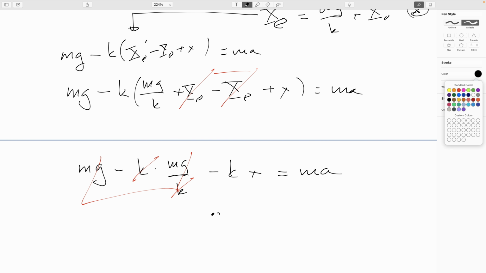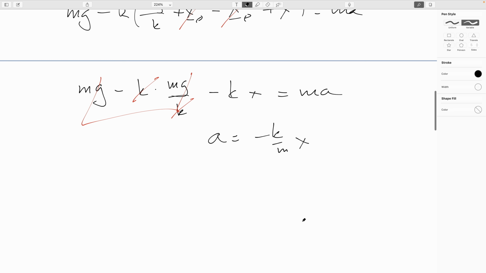I can rearrange this to say a equals minus k over m times x, and then I can remember that a is the second derivative of x. d squared x dt squared equals minus k over m times x, and I've hit my holy grail equation.